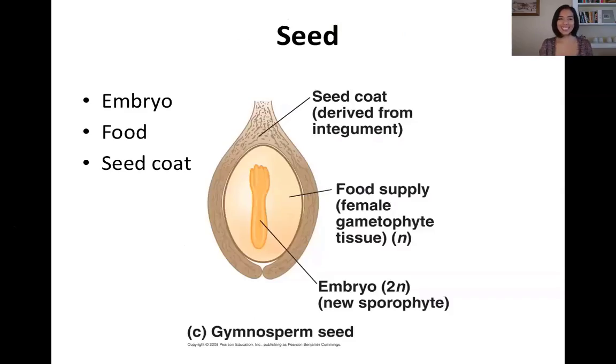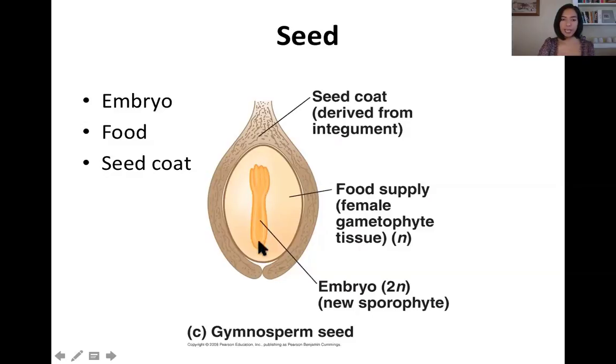But what's a seed? The property of a seed is that it has an embryo. This is the embryo. And just think about what you would do if you want to preserve life, right? You want to put a tiny individual, that's what an embryo is, a baby individual, with lots of very nutritious food surrounding it. That's exactly what we have in the seed.